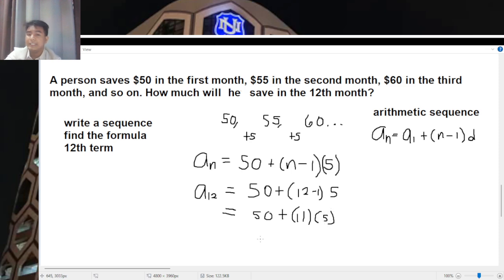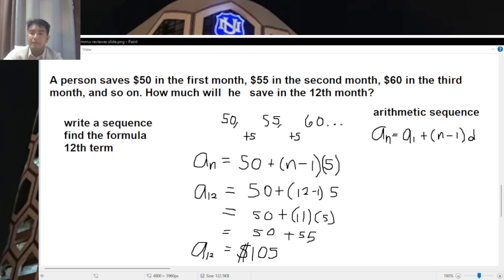Okay, 12 minus 1, 11. It's basically 50 plus 55. Okay, and then simplify. 50 plus 55 would be equal to 105. So the answer here would be $105. Okay, so that's the savings for the 12th month only.